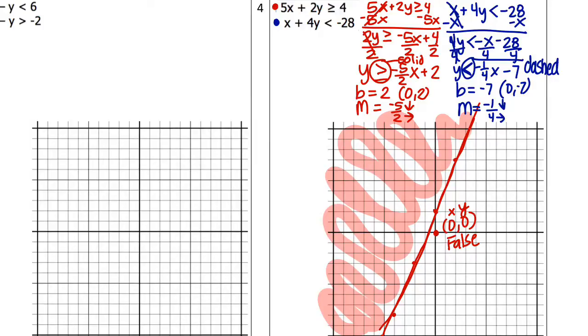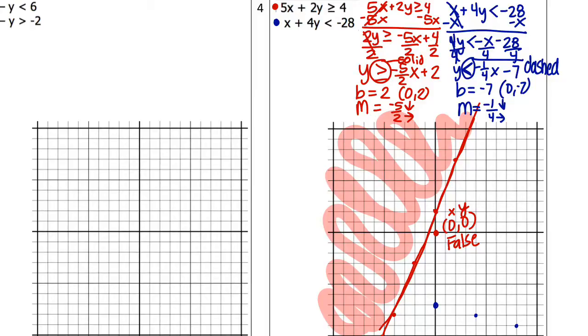So I'm going to take this information and draw my line. I'm going to start at (0, negative 7), there's my point. And I'm going to go down 1 space over 4 spaces, and down 1 space over 4 more spaces.